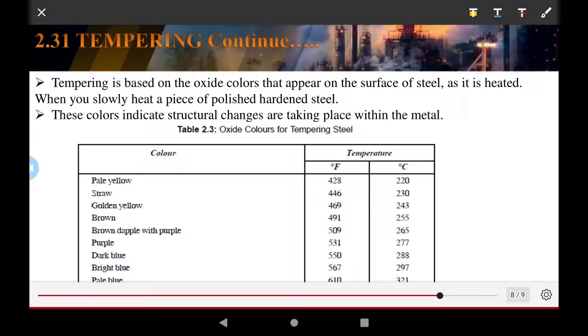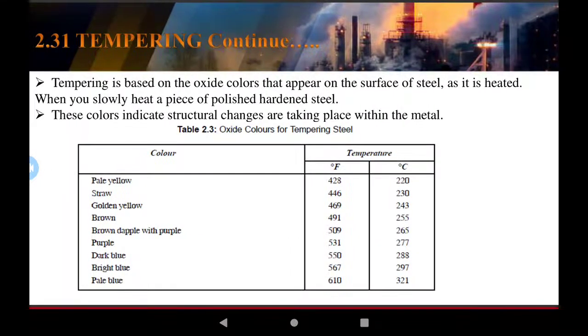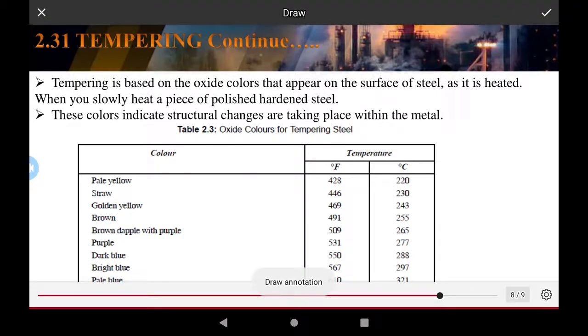Brown purple at 509 Fahrenheit and 265 degrees Celsius.